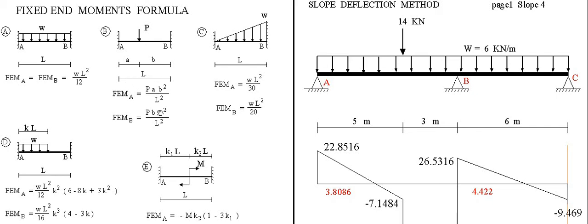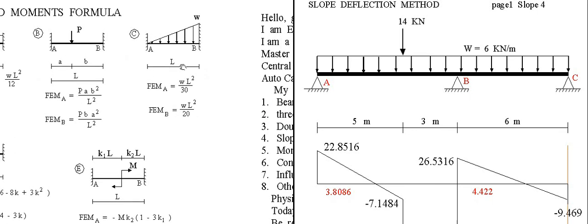Now this is very easy to remember. For fixed end moment A, it is P times the near distance times the far distance B square over L square. At B, the fixed end moment is P times near distance of B times far distance of A square over L square.